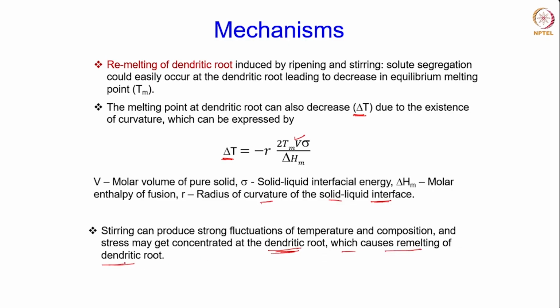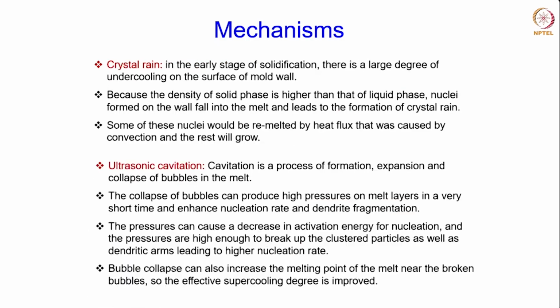Okay, this is a combined effect of stress and the decrease in the melting point due to the segregation of the solute. Okay, so it will now lead to the same phenomenon that we talked about before, that is detachment of these dendrite arms from the mother grain, leading to their dispersion in the liquid metal. There is one more mechanism known as crystal rain.